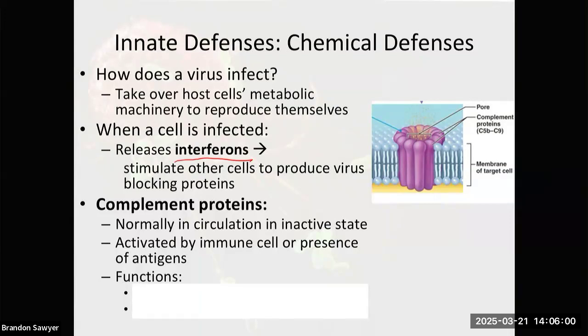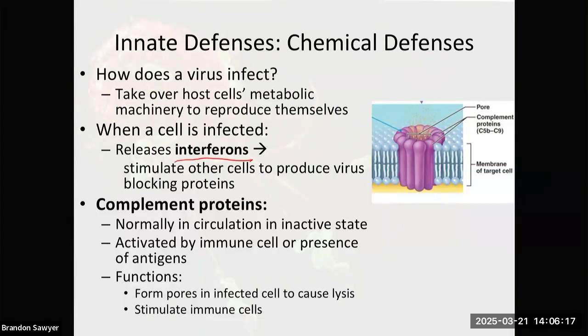And then secondly, we have complement proteins. Complement proteins are similar to blood clotting proteins, how they're just floating around in our blood all the time and they're not activated. But then if the right thing interacts with one of those complement proteins, it activates it. Those proteins become activated.